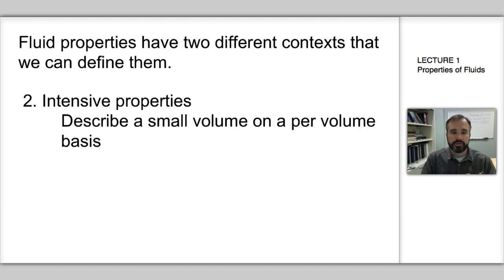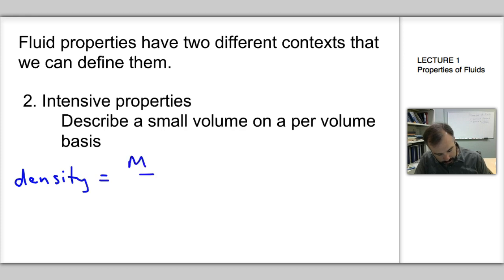Instead, we often use what we call intensive properties, and those describe a small volume on a per volume basis. An example of those, one we've already talked about, is density. Again, it is mass over volume, and has the units of grams per centimeter cubed.